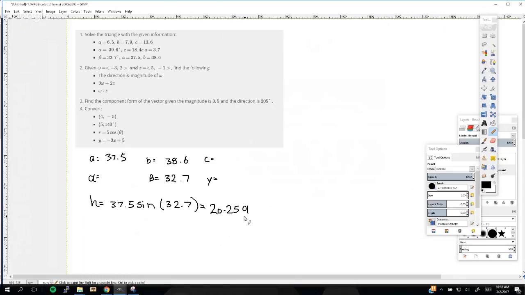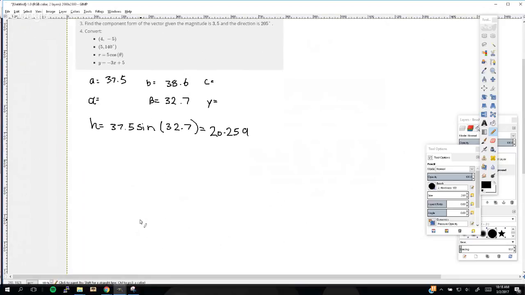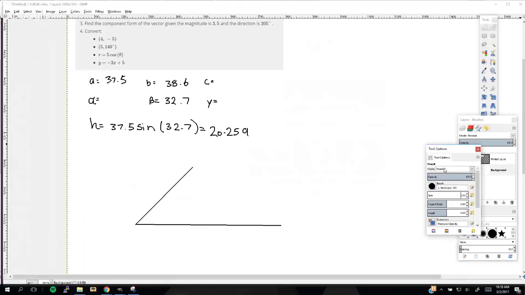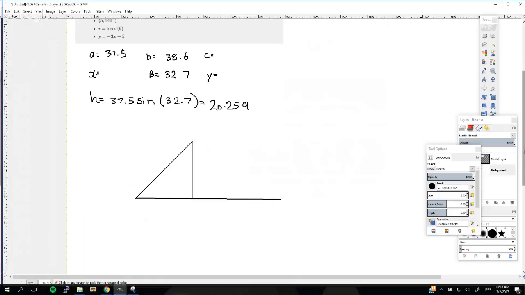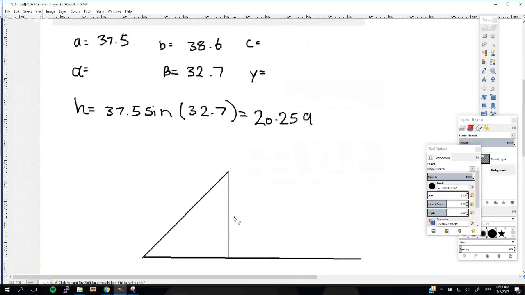Okay, so we go to the ambiguous triangle thing, whatever it is in my notes. There's definitely a triangle. Okay, so this is 20.9.